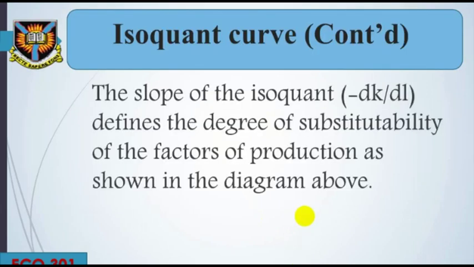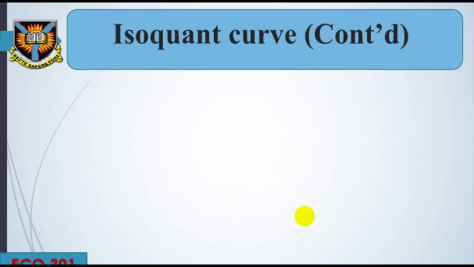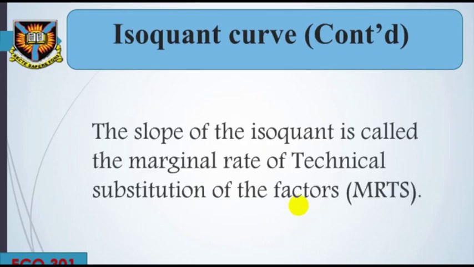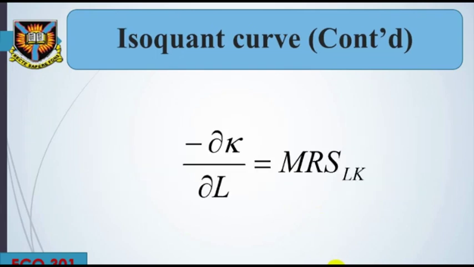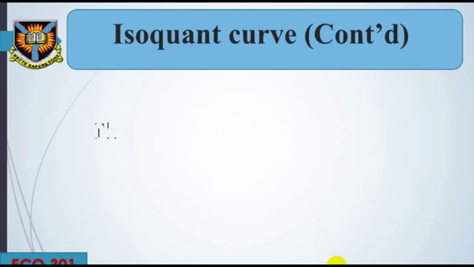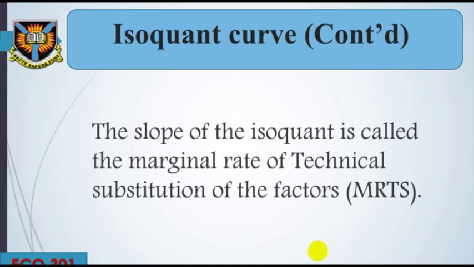The slope of the isoquant is called the marginal rate of technical substitution of the factors, MRTS, -dK/dL = MRTS_LK. The slope of the isoquant decreases in absolute terms as we move downwards along the isoquant, showing the increasing difficulty in substituting capital K for labor L.